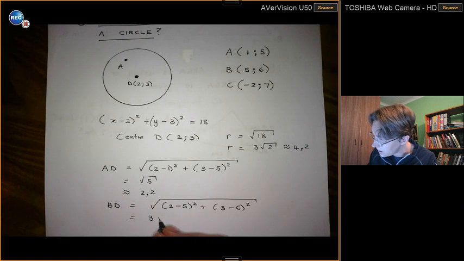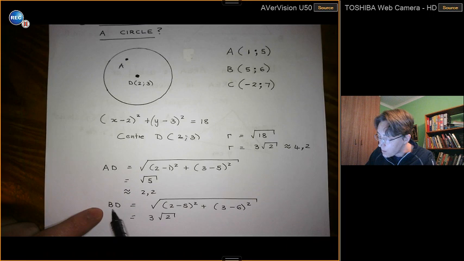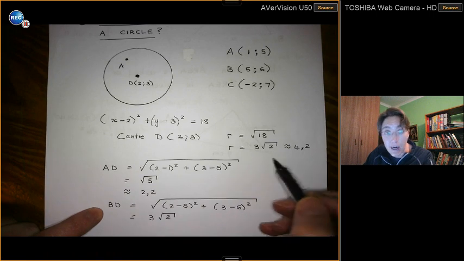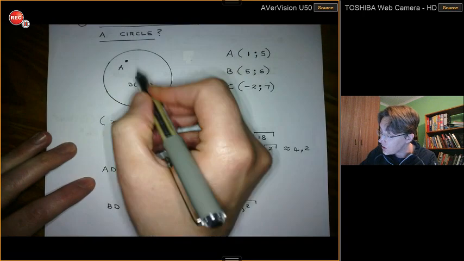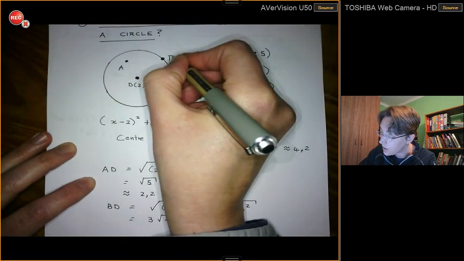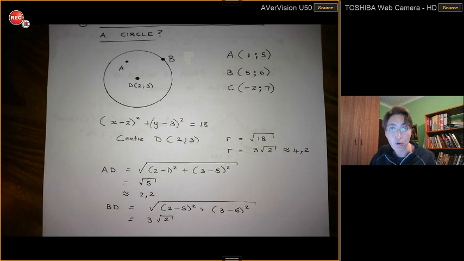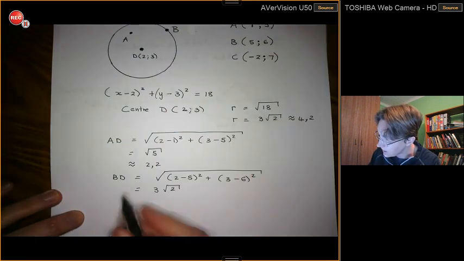Which, if you think about it, 3 square root 2 is exactly the same distance, which means because BD has the same distance as the radius, it means B is a point on the circumference of that circle. So this is potentially going to be somewhere over there. B will then lie on the circumference of the circle. So that's how you prove a point lies on the circumference of the circle. And then we can go from D to C.